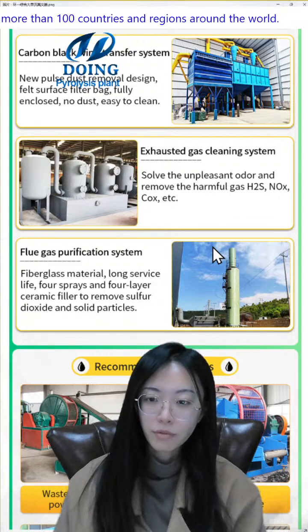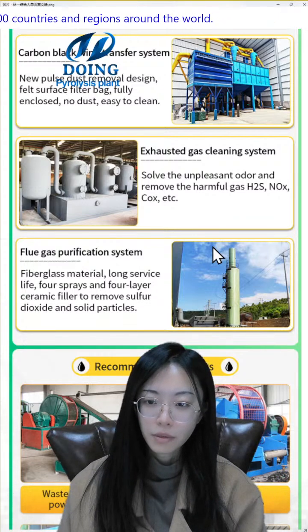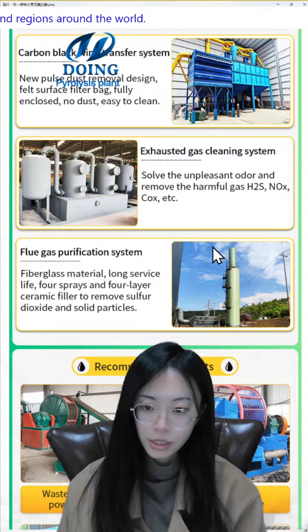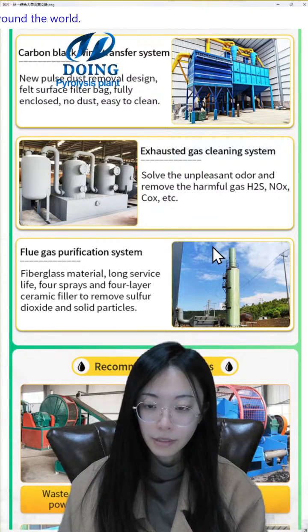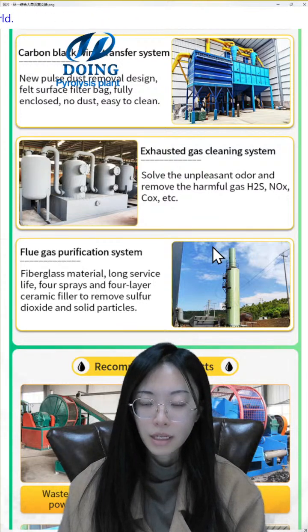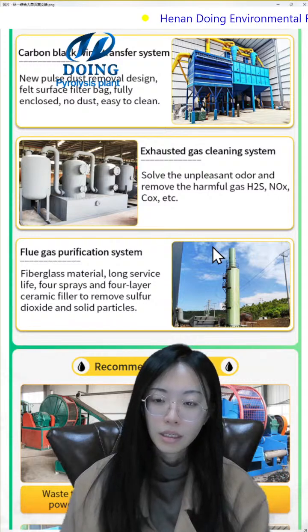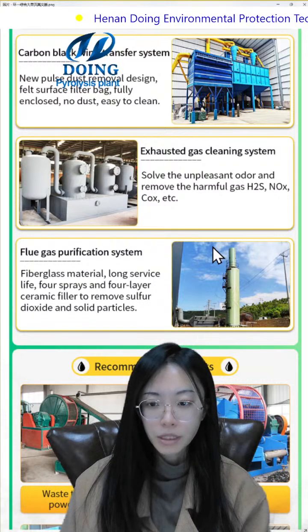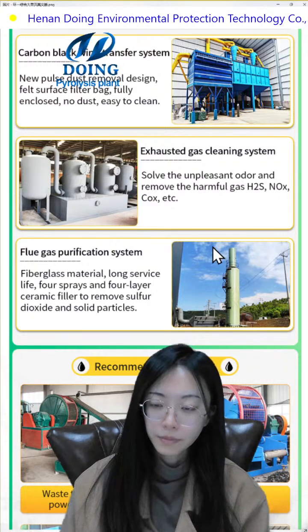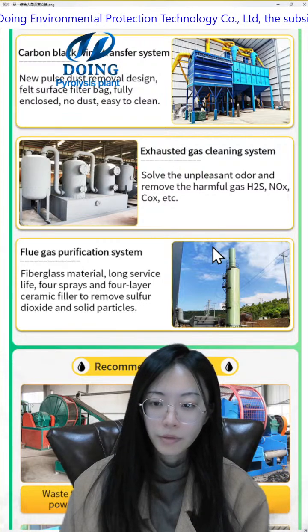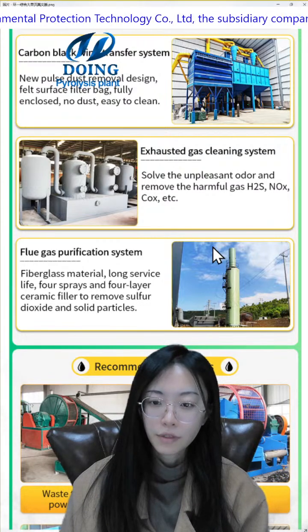We have different programs for you. Because we have customers in different regions, they have different policies about this. So we will have different certificates, depending on your policy, your region and the different materials you have. Like the flue gas purification system, they have different plans.